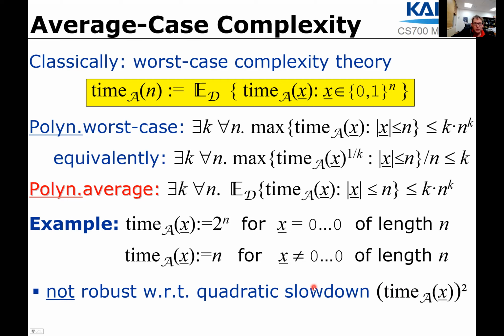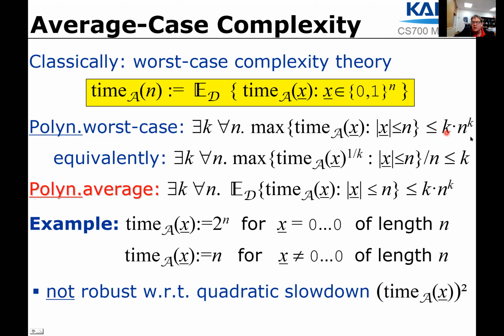In order to find a better definition, let's look at the following equivalent reformulation of the polynomial worst case. We manipulate this expression: instead of taking the running time bounded by k times n to the k, we take the kth root of the running time.